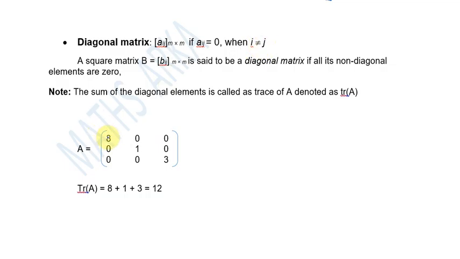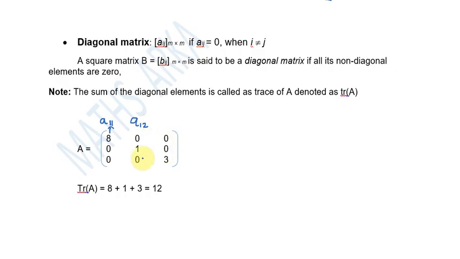For this matrix, the first one, 8, is the first row, first column element, so it is a11, i is equal to j, so it is not equal to 0. And if we talk about the second element a12, since i is not equal to j, it is 0.